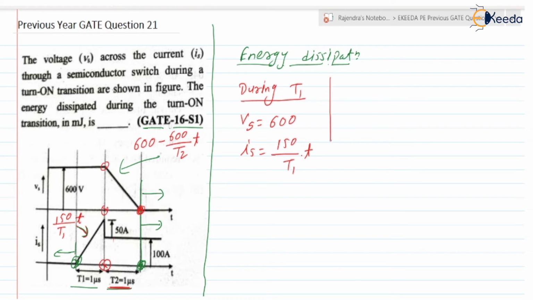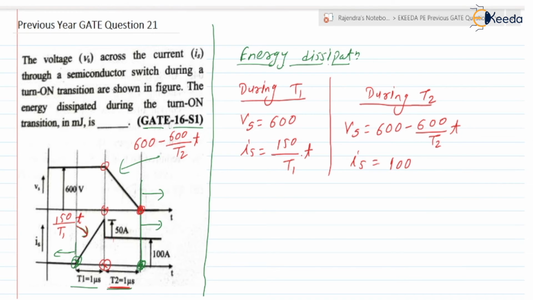Similarly, during t2, Vs is equal to 600 minus 600 divided by t2 into t, and Is during t2 is 100 only, a constant. So it is 100 ampere.